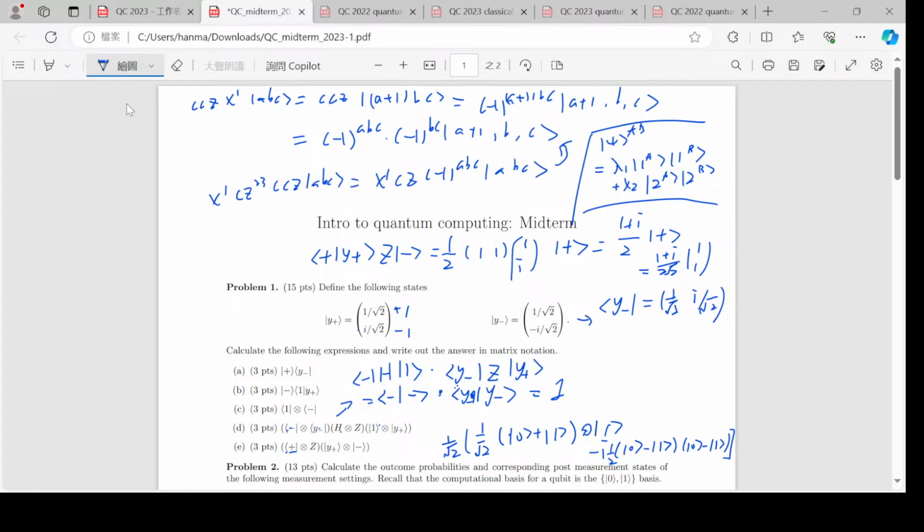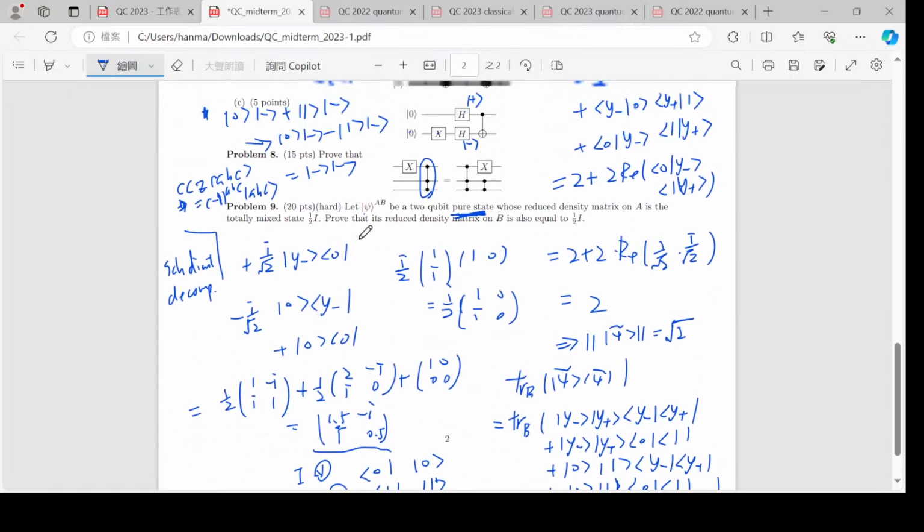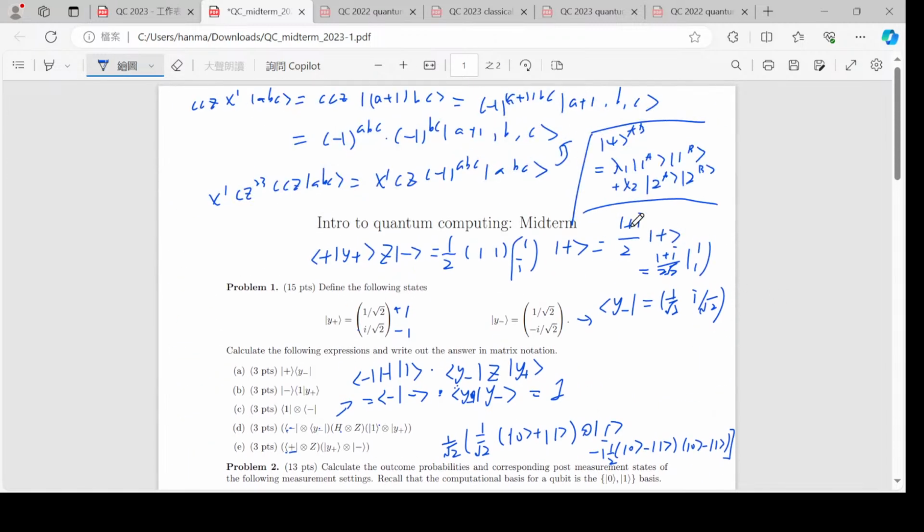Okay, but what we know is the reduced density matrix on A is 1/2 I. And the reduced density matrix you read from here should be lambda 1 square, 1A, 1A, plus lambda 2 square, 2A, 2A, right? But this thing equals 1/2 I.